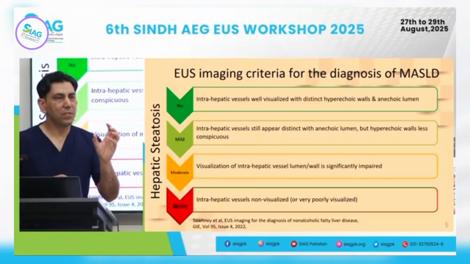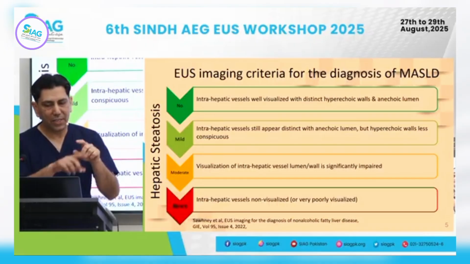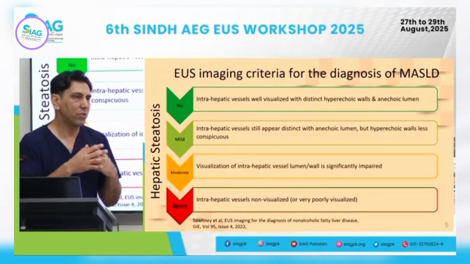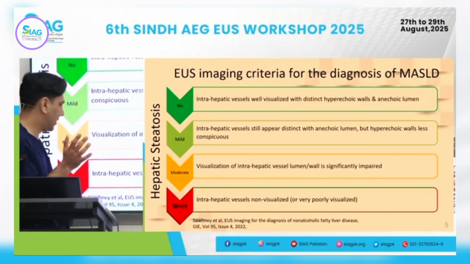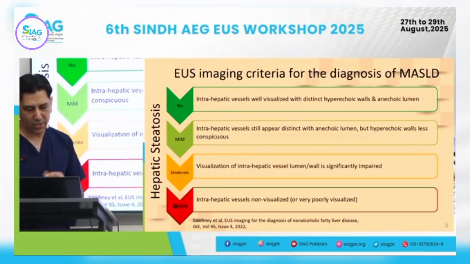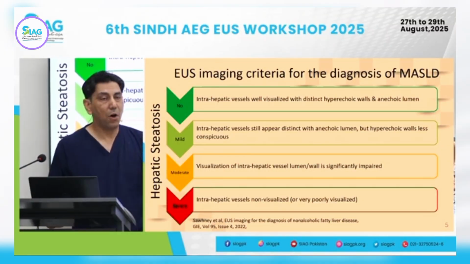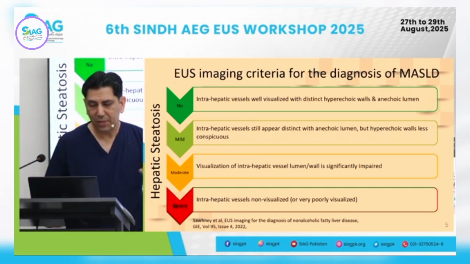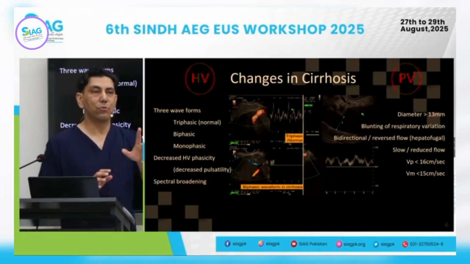So if the vessels all look uniform throughout the liver, and the vessel walls have that distinct hyperechogenicity, and the lumen remains uniform, it's not likely to have a significant steatosis. Going to the severe stage, the uniformity is lost and you can't actually make out the hyperechoic wall. So that's just one example. Purely by looking at the liver, you can determine how significant the steatosis is, which is obviously more significant in some patients than in others.